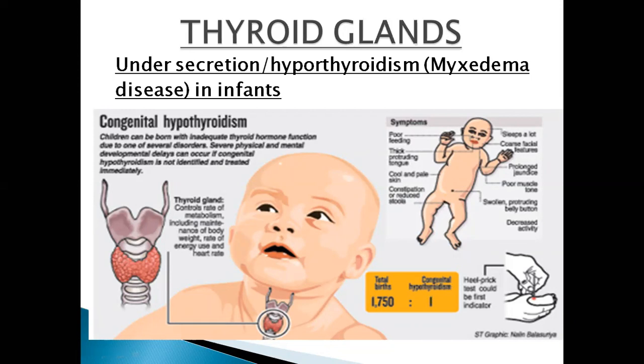Irregular heartbeat can be here, increased ventilation rate, body temperature increases, weight loss can also take place here, and it also leads to cardiac problems if it lasts prolonged. So these are the problems that a baby can also face.